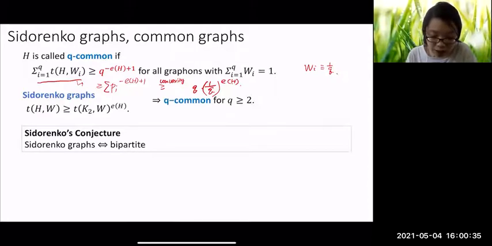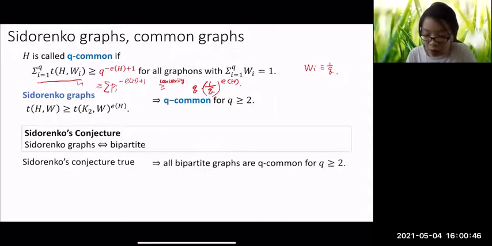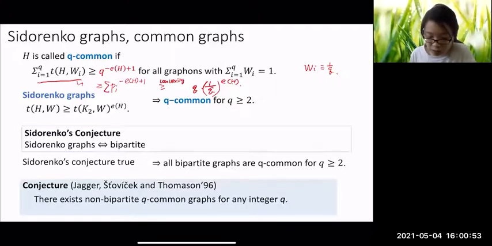And Sidorenko's conjecture, the hard conjecture, says all bipartite graphs are Sidorenko. So if Sidorenko's conjecture is true, then all bipartite graphs are q-common for any q at least 2. Since it is very hard for us to prove that all bipartite graphs are q-common for q at least 2, it makes sense to focus on non-bipartite graphs.